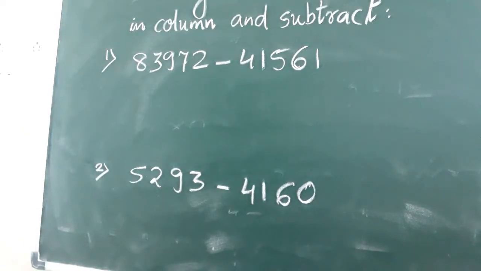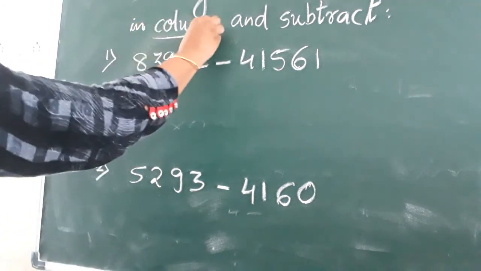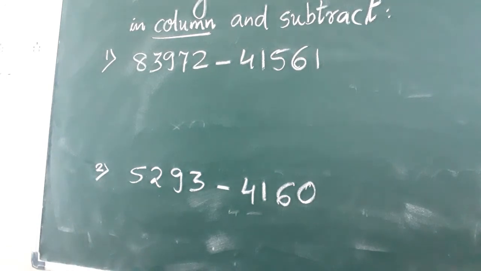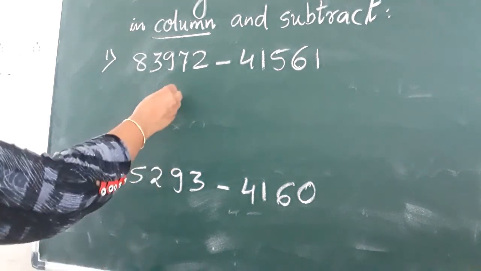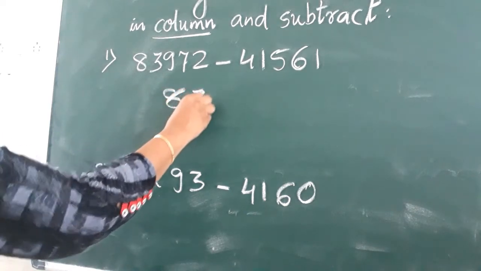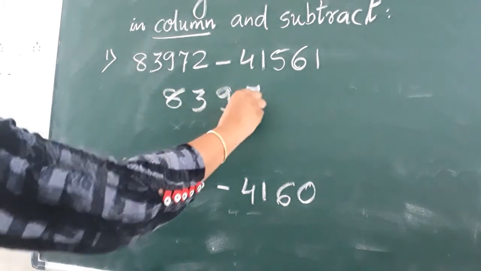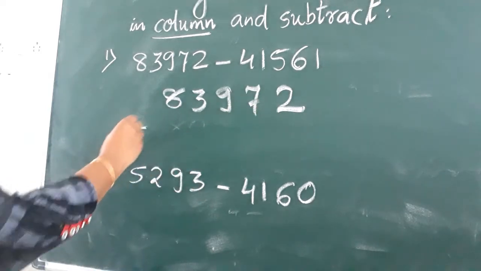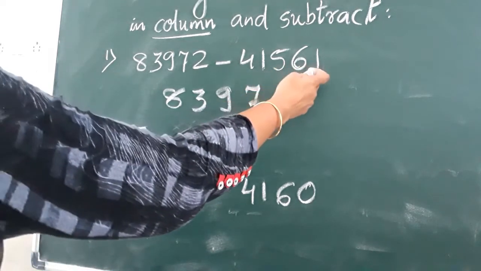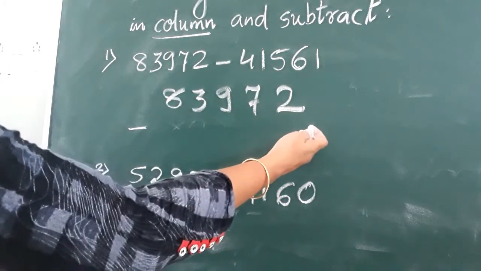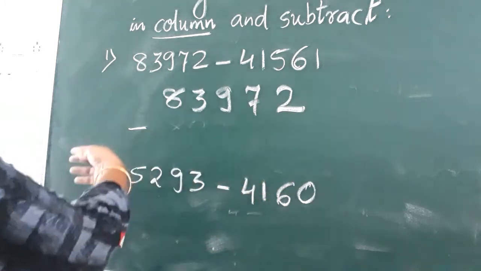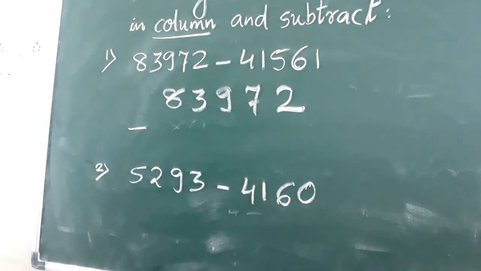Now let us solve this type of question. What the question is: arrange the numbers in columns and subtract. So now you have to arrange the numbers in columns. How will you do it? Here 8, 3, 9, 7, 2 minus, and then the next number you will write properly starting from the ones place, so there is no mistake thereafter.